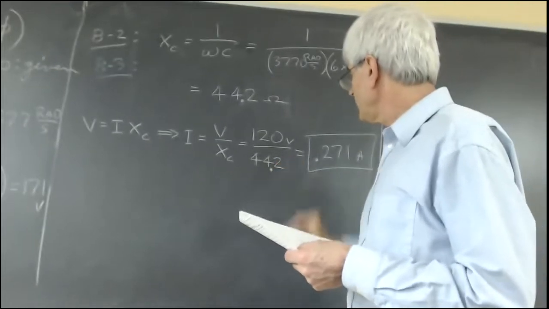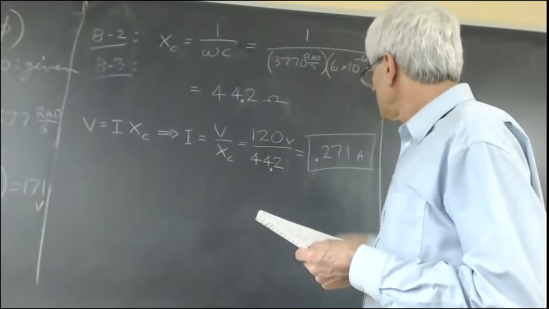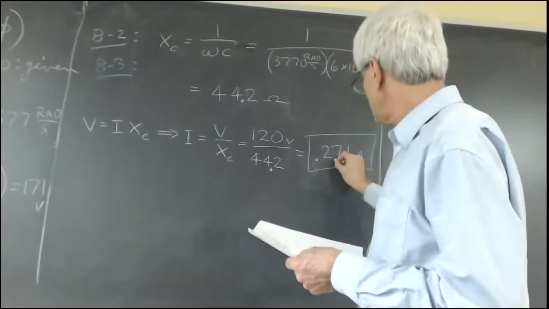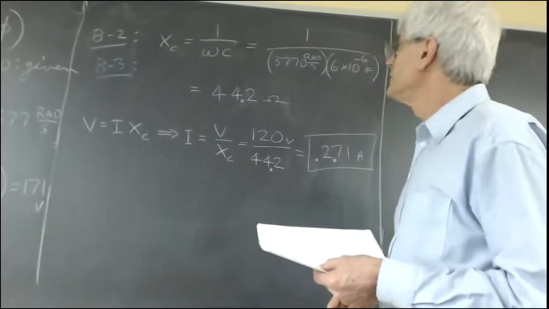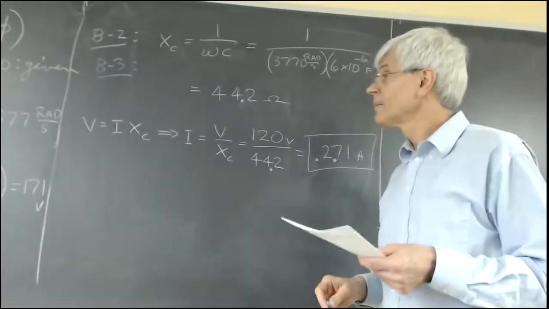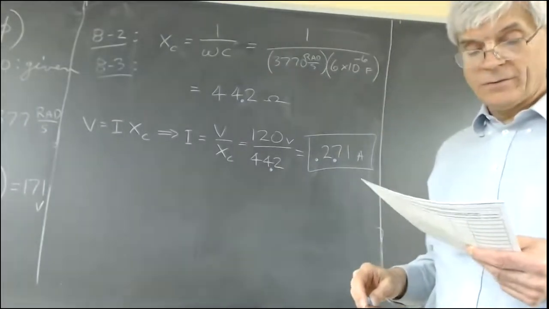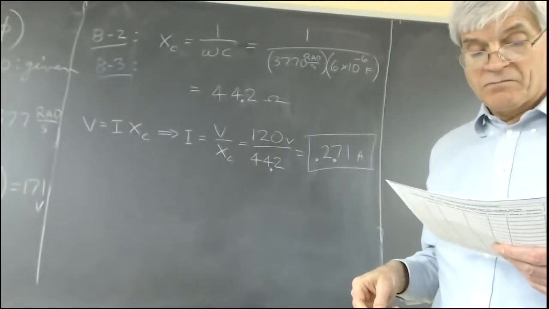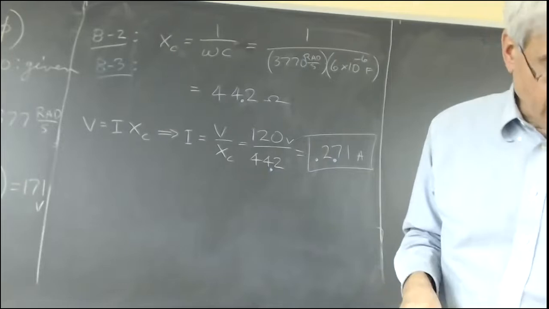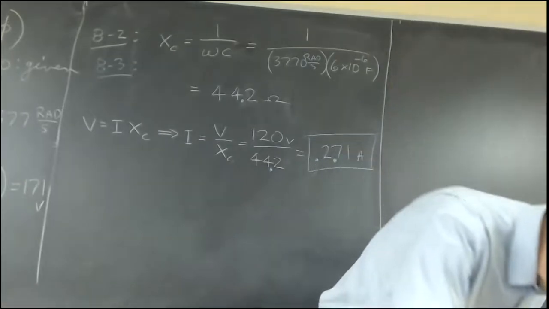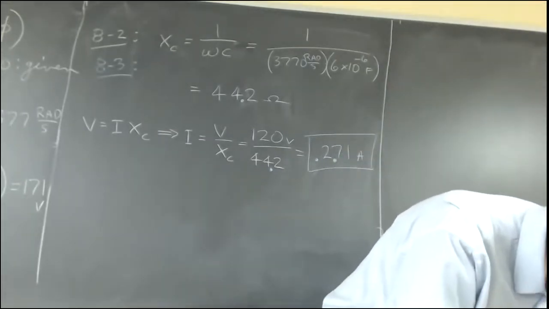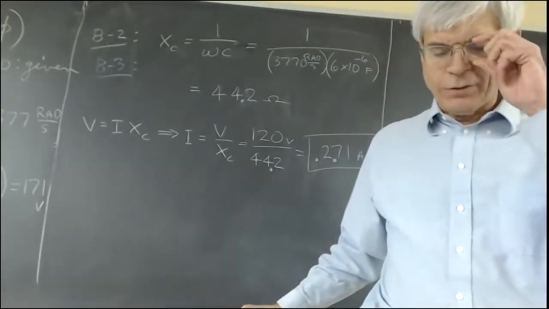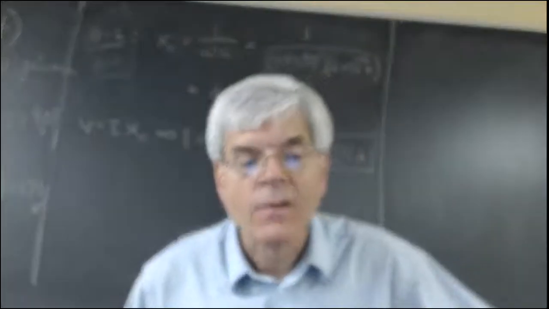With a smaller denominator, you get a bigger overall value, and it's 2.71 instead of 0.271. So number 3, it's just 10 times the frequency gives you 1/10 of the reactance, and it's all just moving decimal points compared to number 2.